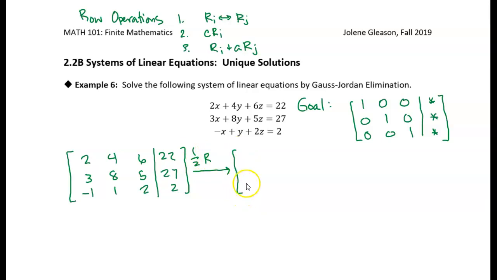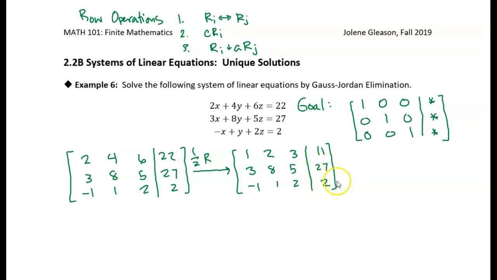I'm just going to replace that row with 1/2 of each number. So 1/2 of 2 is 1, and 1/2 of 4 is 2. We have 3, and then 11. Okay, just taking 1/2 of each value. And that's it. I'm just going to copy the other rows down as they are. So 3, 8, 5, negative 1, 1, 2. All right, 27 and 2.